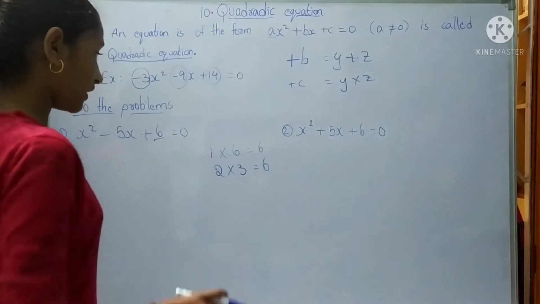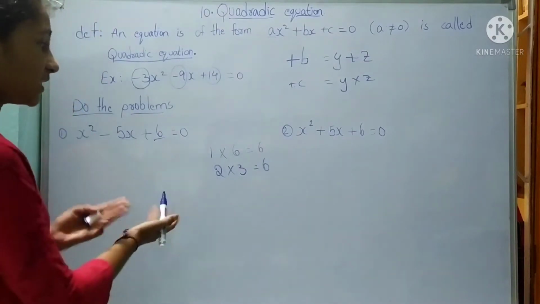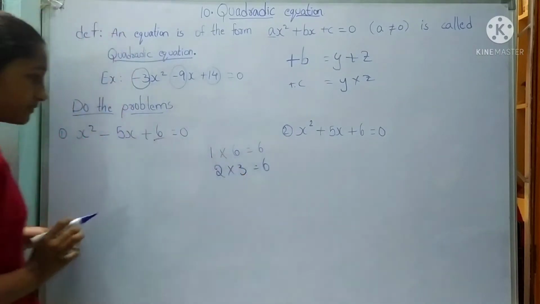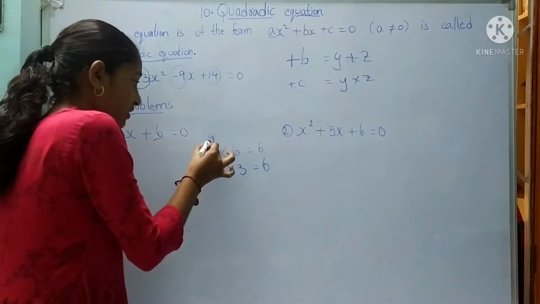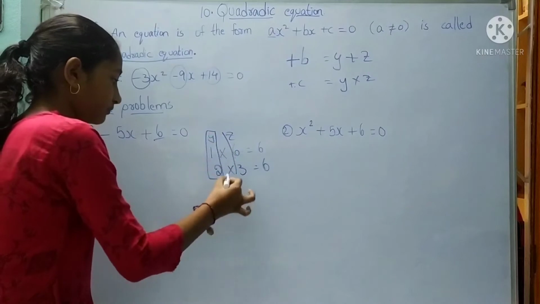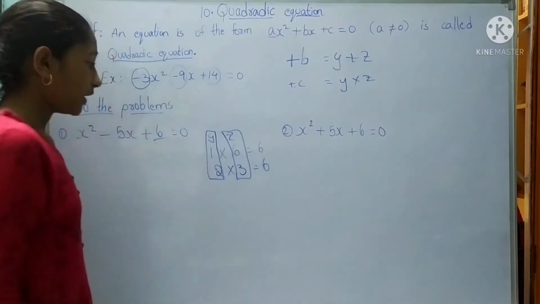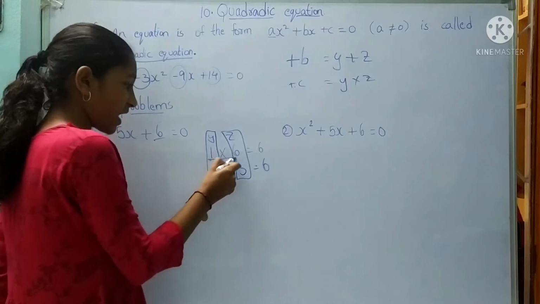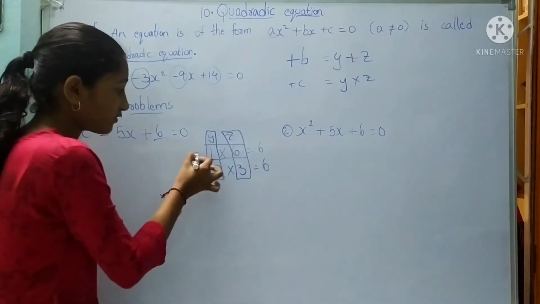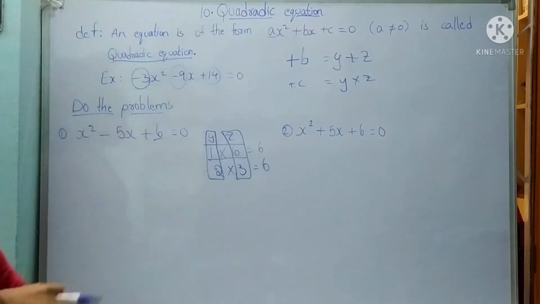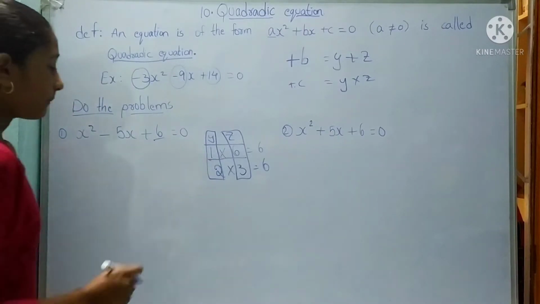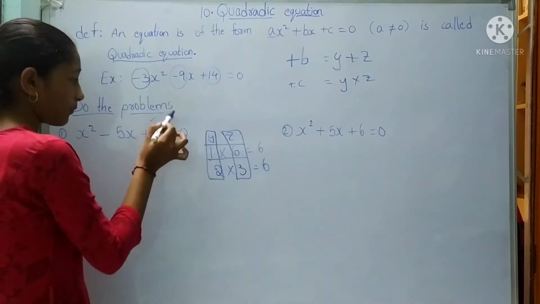The factors of 6 are only these. 1 into 6 is equal to 6, so this is possible.